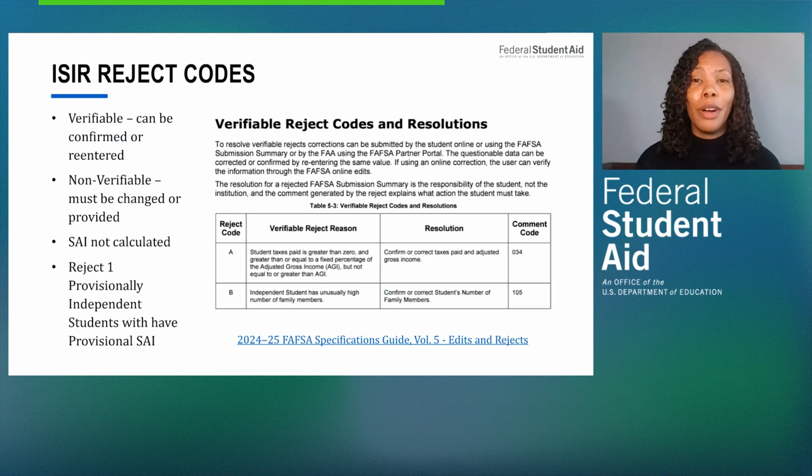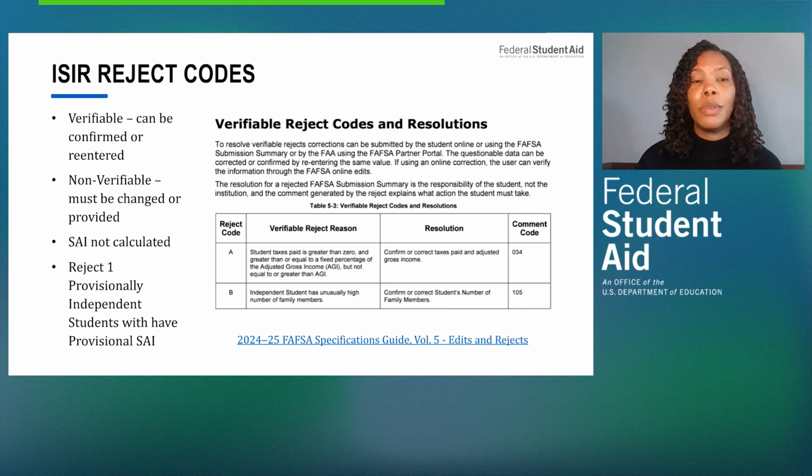Of course, the ISIR is also going to include ISIR reject codes. ISIR reject codes give you the reason that the ISIR is rejected. Some of the most common are things like signatures. Verifiable ISIR comment codes are ones that the institution may just need to verify. You may not necessarily need to make a change.